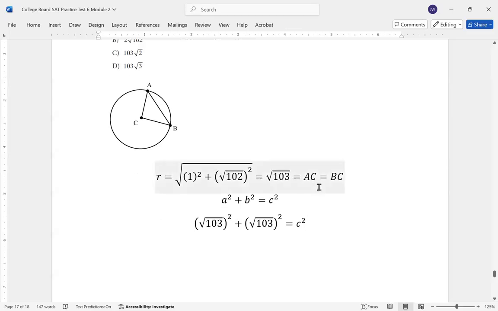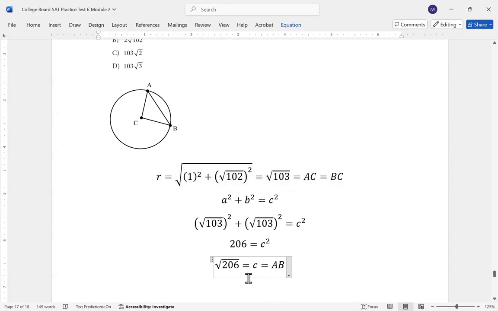Notice what that tells me is that my c, my hypotenuse, I should say c squared, is going to be 206. And that means c is equal to the square root of 206. And c is the actual length of line segment AB.